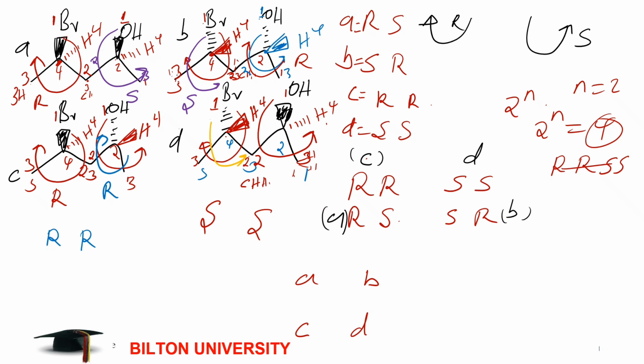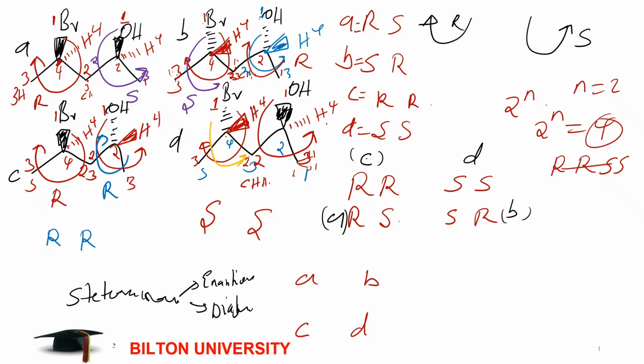Just like we have said, stereoisomers are molecules with the same molecular formula but different attachment of the atoms in their 3 dimensions. With the stereoisomers, we can get enantiomers, and we can get diastereoisomers.